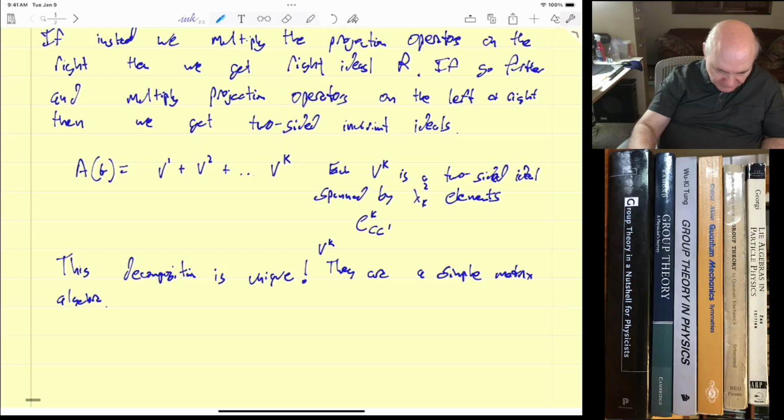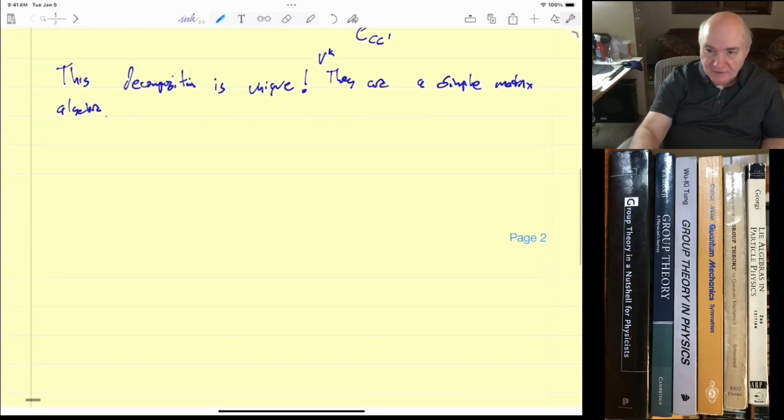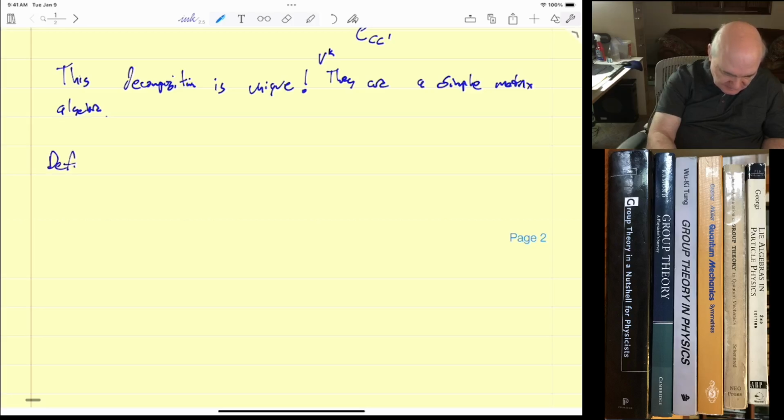So let's define what we mean by a simple matrix algebra. Definition.